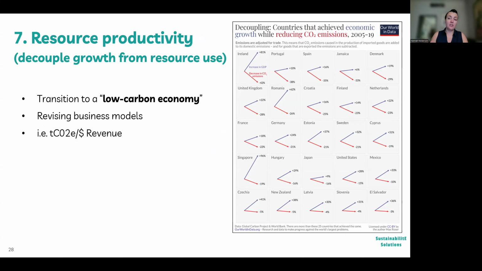This is probably the trickiest piece of a sustainability program, and maybe the most theoretical or nebulous of these suggestions, but this is really talking about an economic system here. So we're not moving away from capitalism, but we're reframing capitalism.